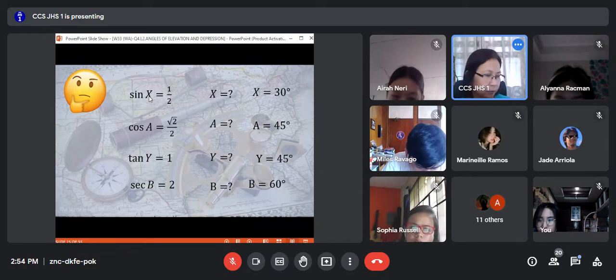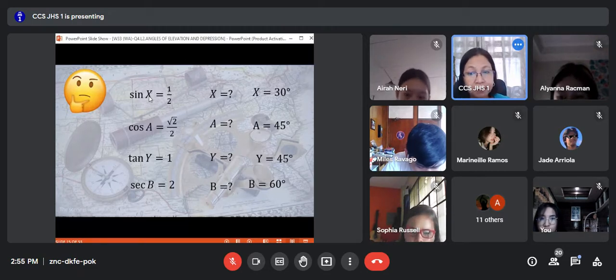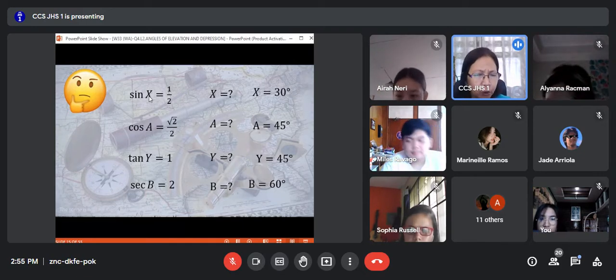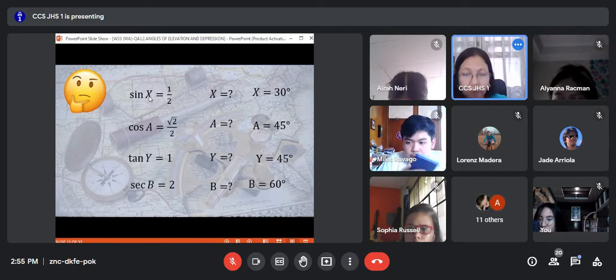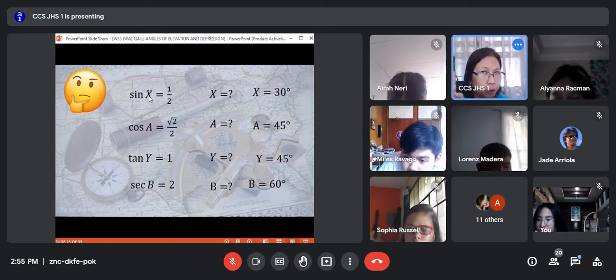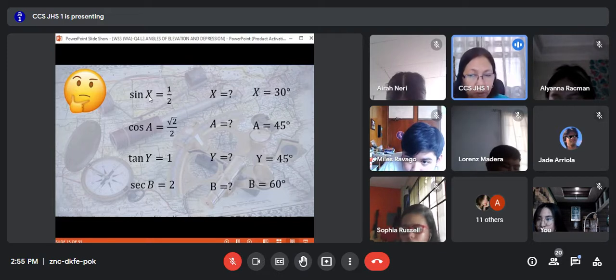What's the answer? Did you get 30 degrees? All of you, how about the others? I have to make sure that you're calculating in the right mode. Did you get 30 degrees? If not, you have to change the mode of your calculator, because there are two kinds of angle measurements.